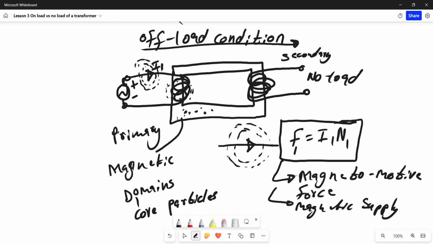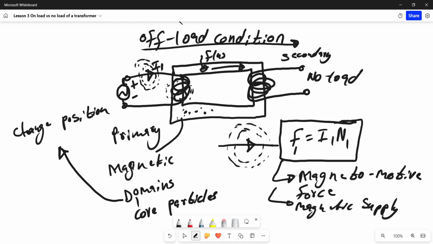So this field of the current, when the current passes through a certain number of turns, will cause the magnetic domains to change position. The moment they change their initial position, flux will start to flow inside the core.